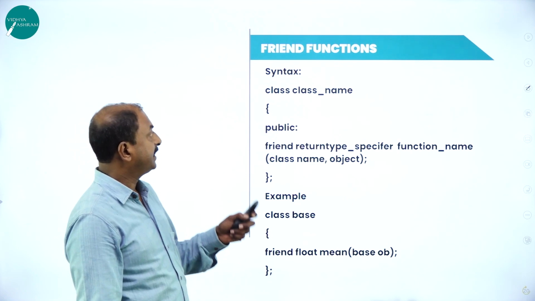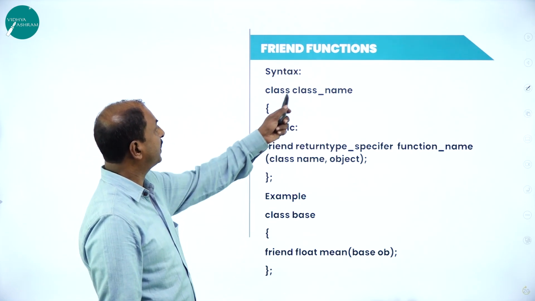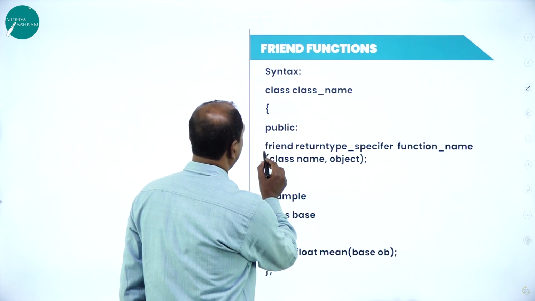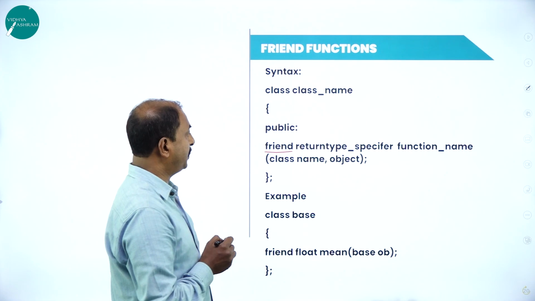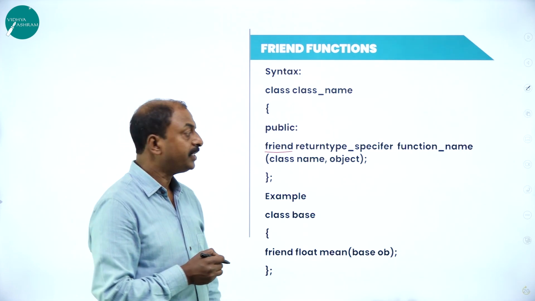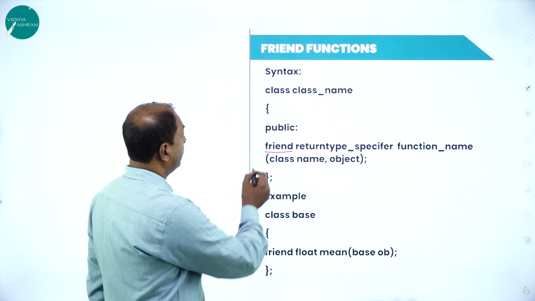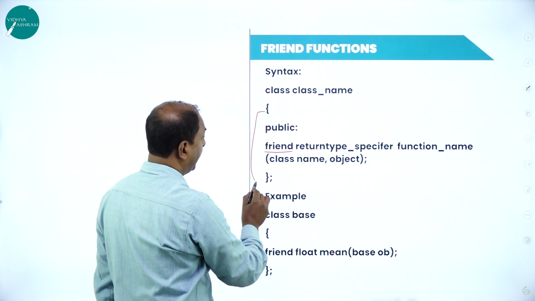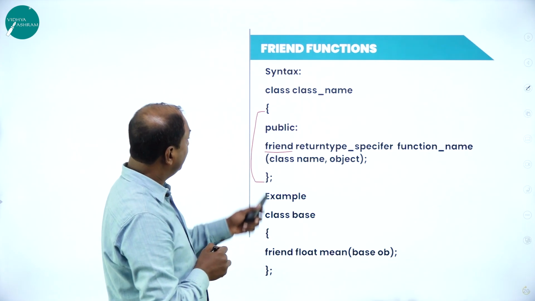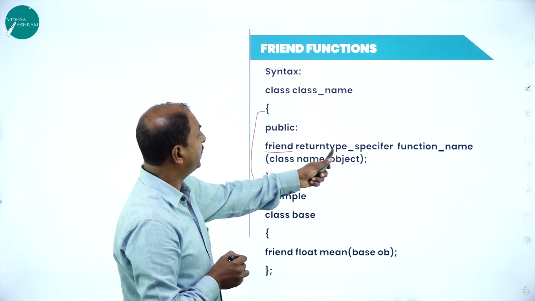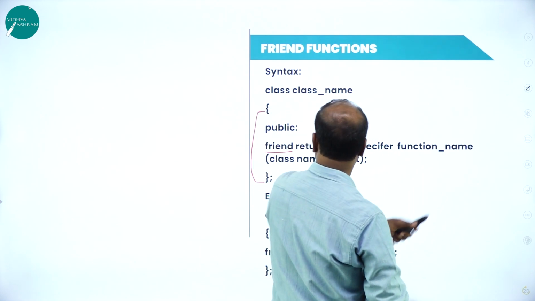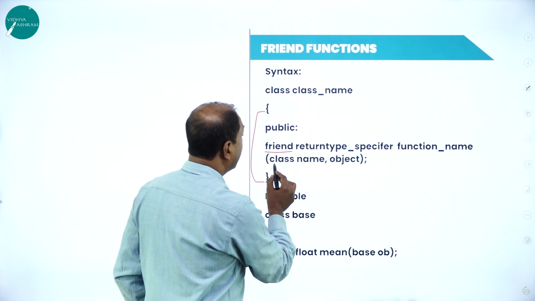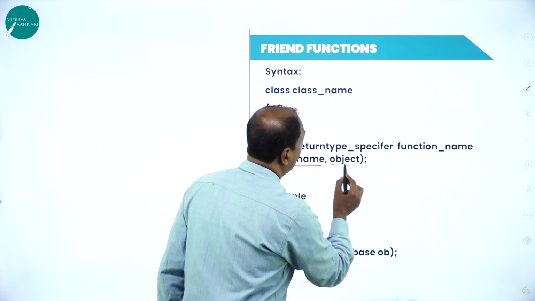Now let us see the example or syntax. So this is the class name and public members, and here this is the friend function declaration. It should be inside the class, with the opening bracket, the closing bracket, and the end of the class with a semicolon. Inside this, we have friend, return type specifier, function name, and after the function name, within the parameter, class name, space, object name.